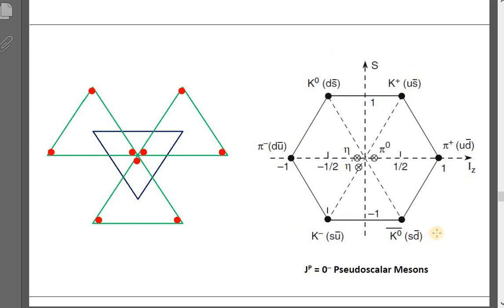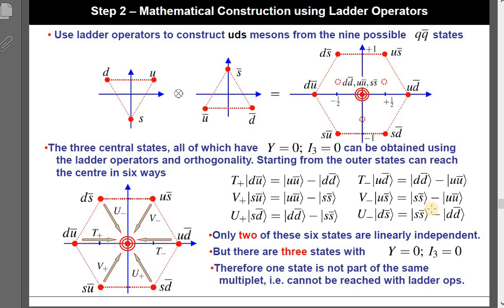So the first step we have done is the graphical construction of these meson nonets. Now the second step is the mathematical construction using the ladder operators. What we have to do now is to use the ladder operators to construct the UDS mesons from the 9 possible q q bar states.